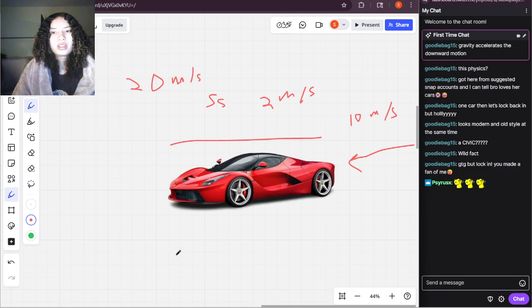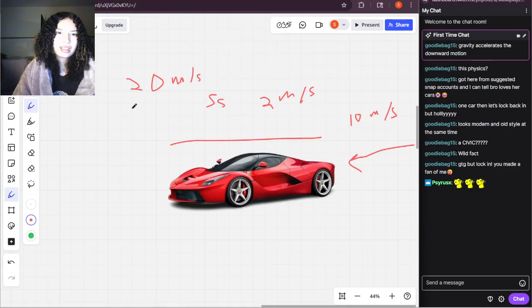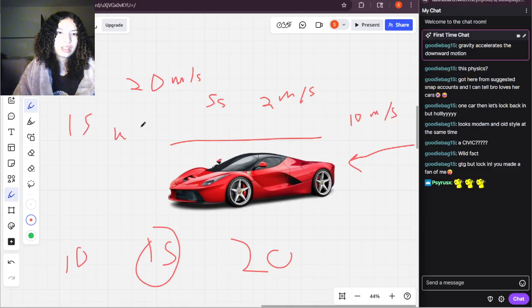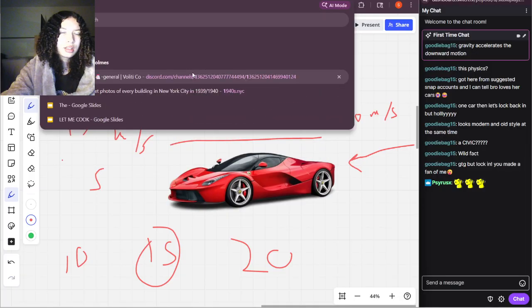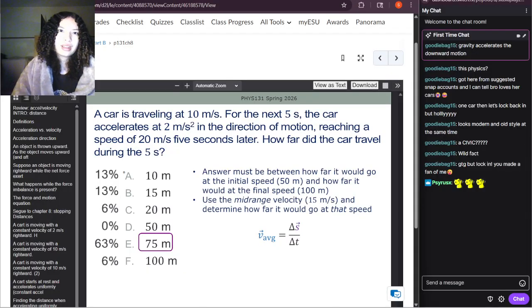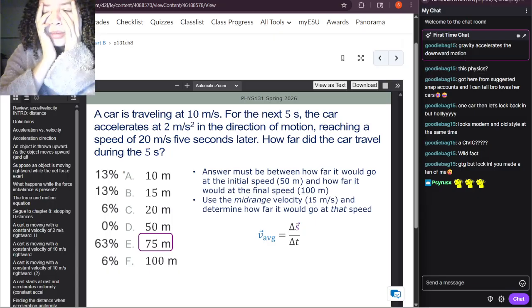All right. So started at 10, we reached 20, the middle is going to be 15. So then we use 15 meters a second, I'm guessing. 15 meters a second times 5. 755, that doesn't make any sense. 75? Okay, so we had the right idea, but we also didn't.